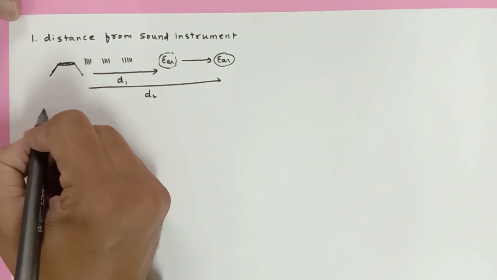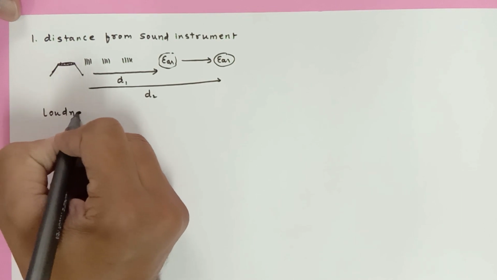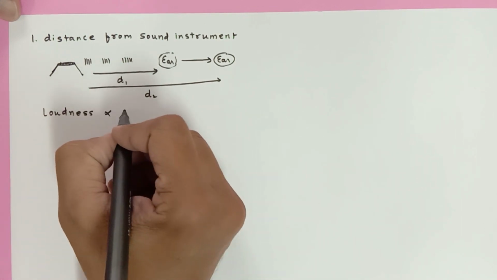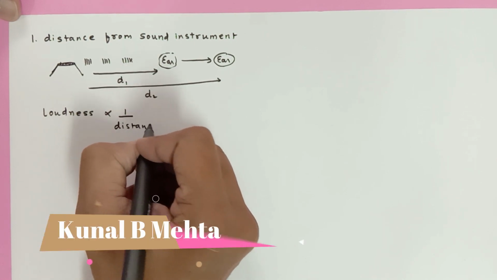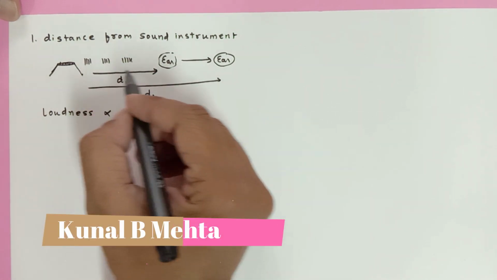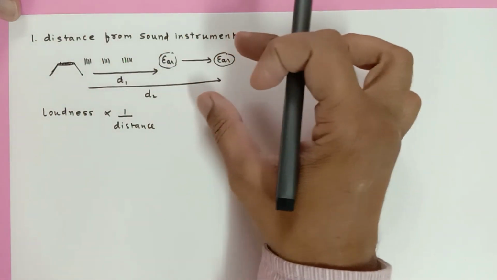Okay, so we can say that loudness is proportional to 1 upon distance. Farther you go away from the source of the sound, the loudness keeps on decreasing.